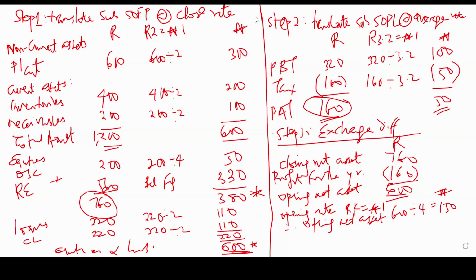All right. Now, if their opening net asset is 150 naira and our profit for the year in naira is 50, then their closing net assets in naira ought to have been 200 naira.